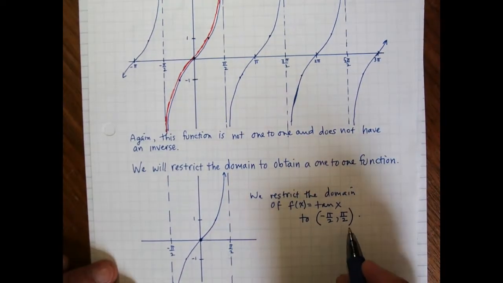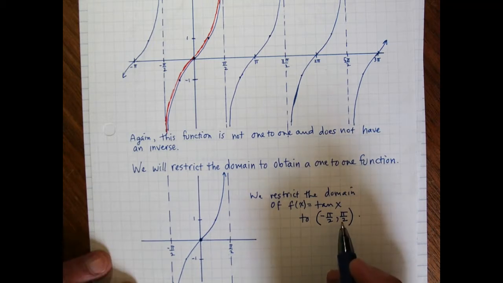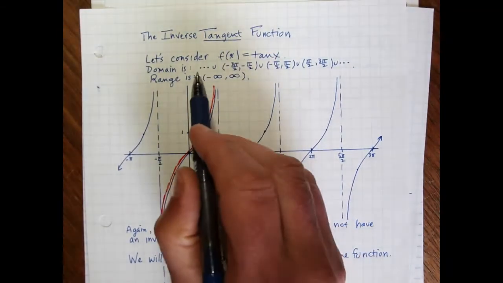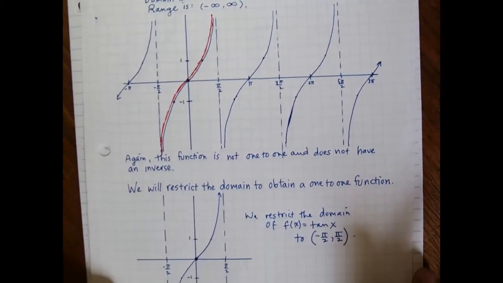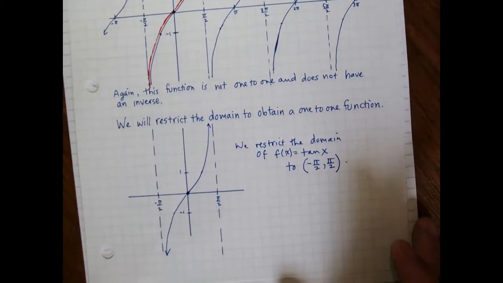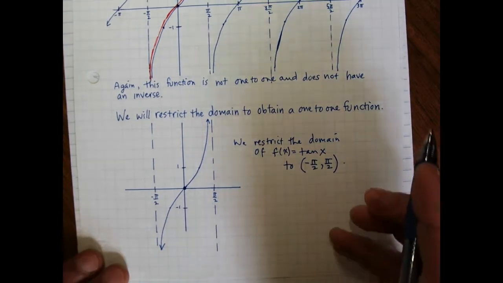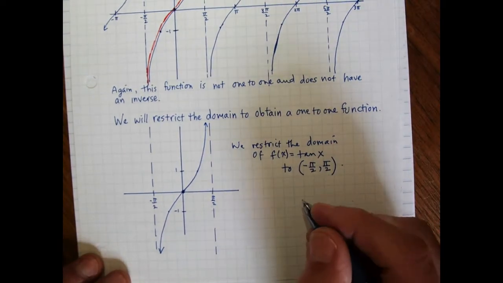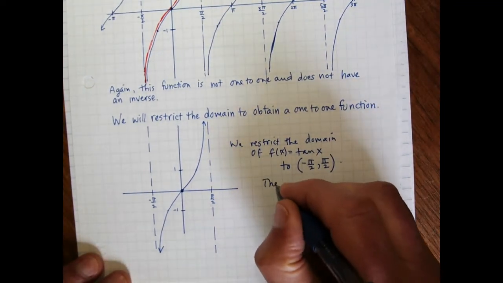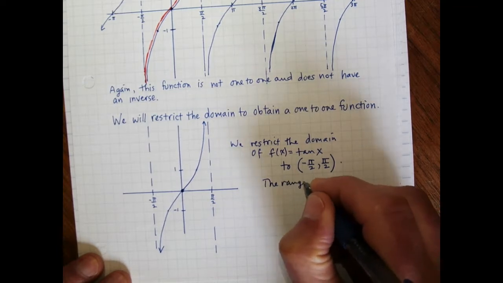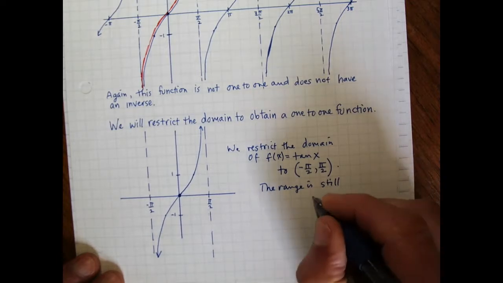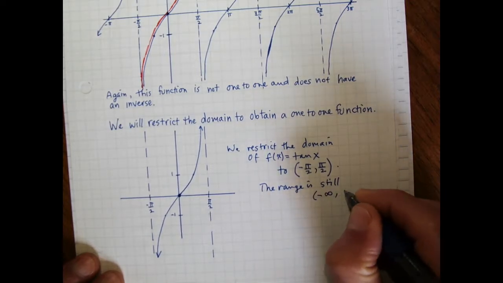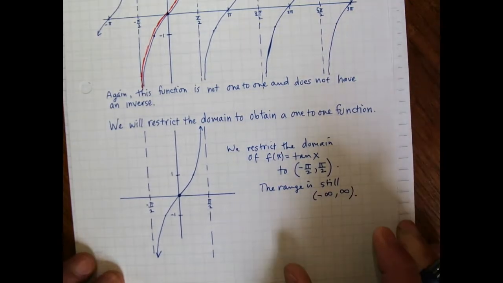It's kind of nice to have this simple domain as opposed to the official domain of the entire tangent function. So there's something nice about this, that we're getting a simpler interval for our domain. The range is still the interval from minus infinity to infinity, all real numbers.